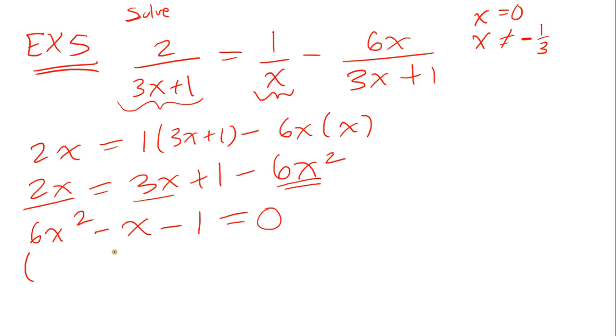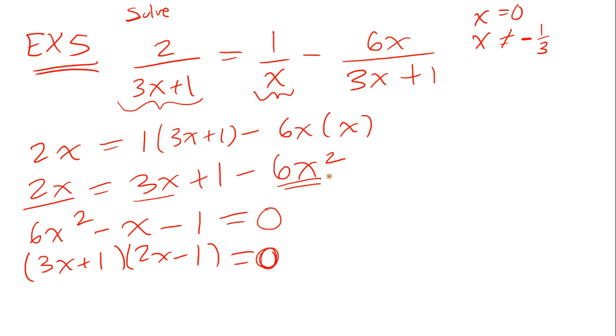Alright, so basically from what we did before, I'm not going to go through the whole factoring process, but if we factor this, we'll end up with 3x plus 1 and 2x minus 1 equal to 0. That means that either this has to be 0 or this has to be 0.